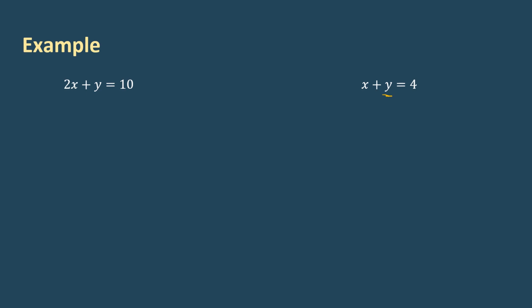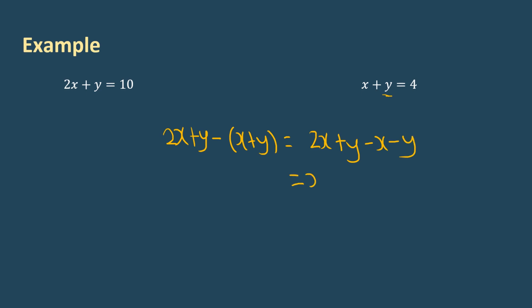So we take 2x plus y minus x plus y, and what we get is 2x plus y minus x minus y, and this equals x because both the y's have been cancelled. This one cancels this one. So what we're left with is x.